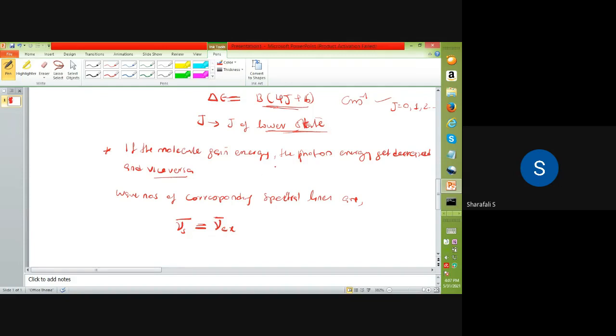That is the excitation frequency, which is nothing but the radiation coming and hitting that particular molecule, plus or minus 2B times 4J plus 6.